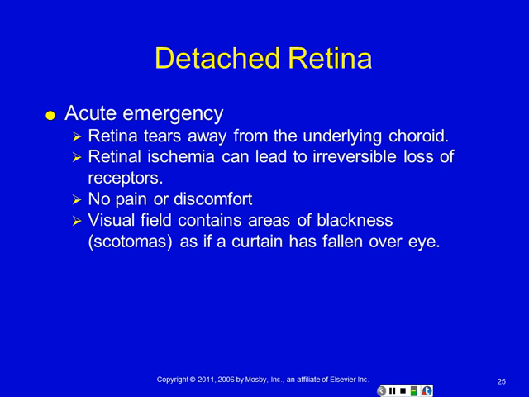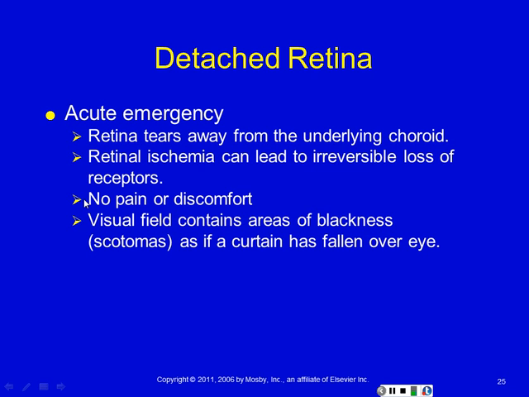Now, the problem with this is the retina has its own blood supply, and when it detaches, it loses that blood supply. So it's a medical emergency because of the ischemia that can result. If you can reattach that retina in a hurry, the retina will survive. If you can't, that retina is going to die from a lack of oxygen, lack of blood flow.